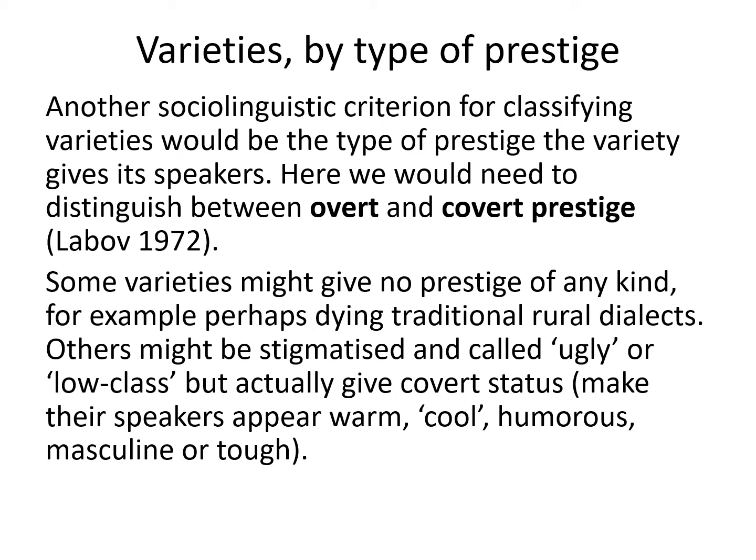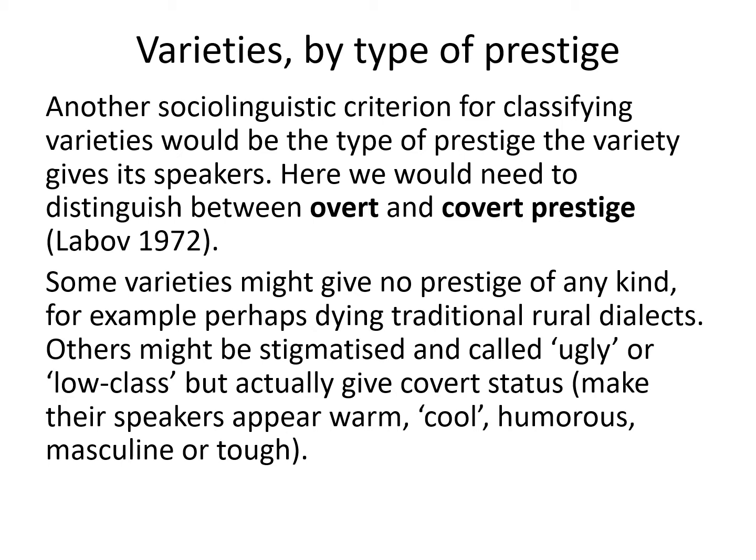So another sociolinguistic criterion for classifying varieties would be the type of prestige the variety gives its speakers. And here we will need to distinguish between overt and covert prestige. Overt means clear-cut, explainable, clear, transparent, without any hidden agenda.